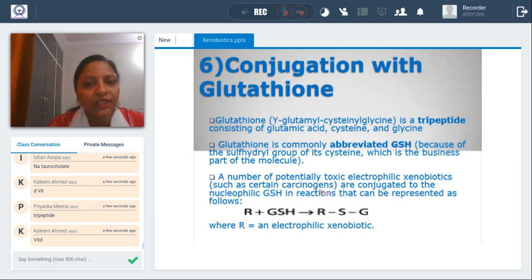This nucleophilic GSH conjugates the toxic electrophilic xenobiotic.